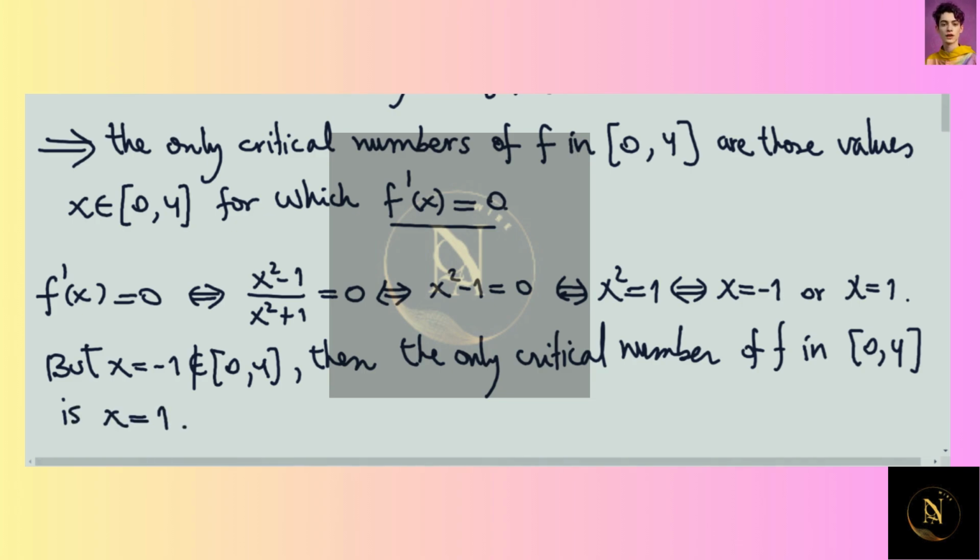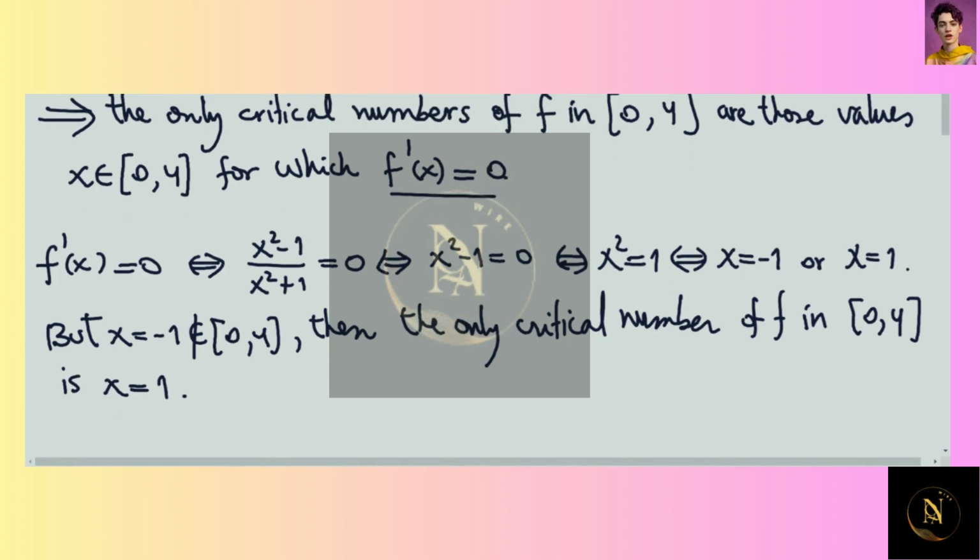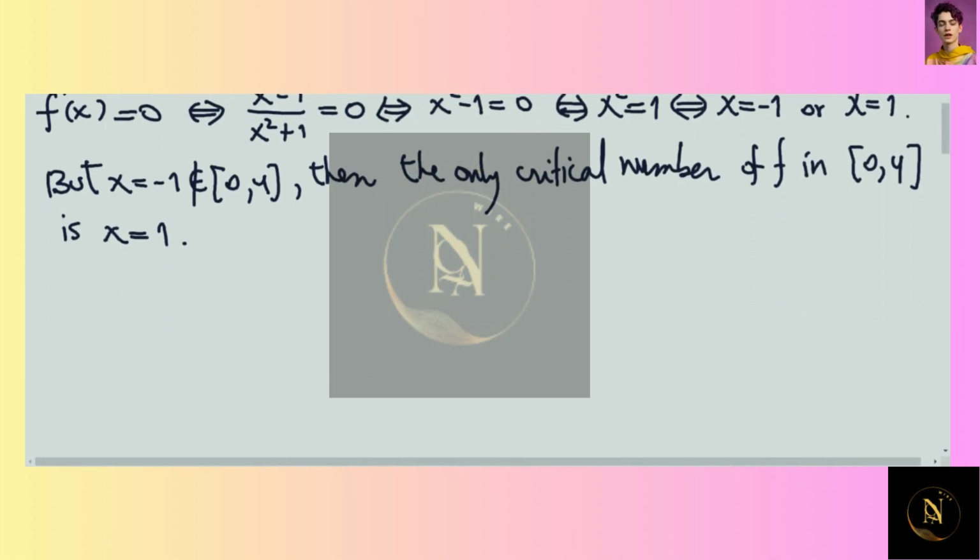So we have this critical number and the endpoints of the interval as candidates for the function to attain its extreme values. So f at the left endpoint 0 is 0 minus 2 inverse of the tangent function at 0, and because the tangent of 0 is 0, we get that this is equal to 0.